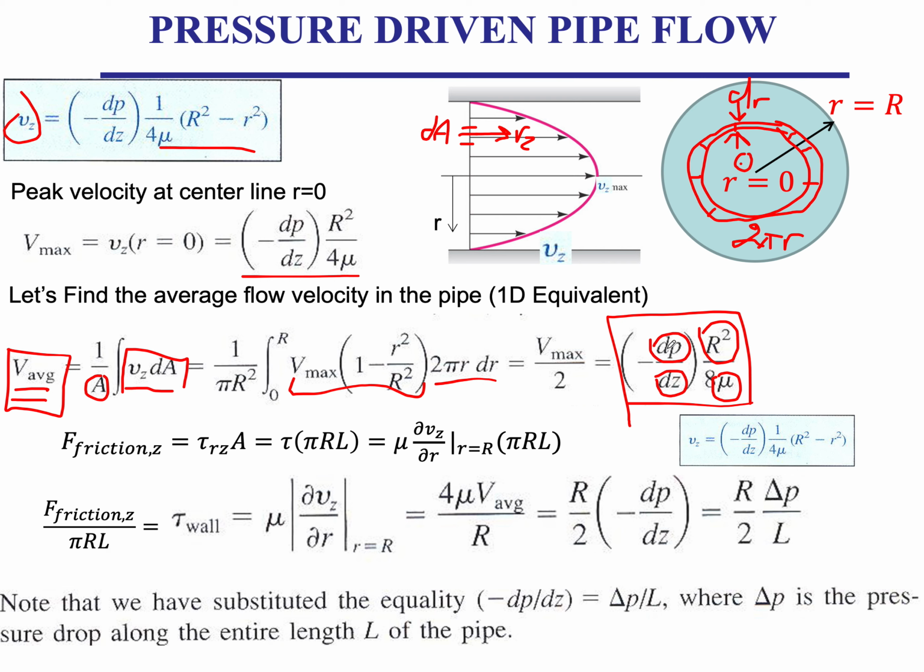The opposite is if you have a longer pipe, less applied pressure difference between the inlet and outlet, smaller pipe diameter, and higher viscosity, that will all cause your flow velocity to become lower and lower. So you get the point.